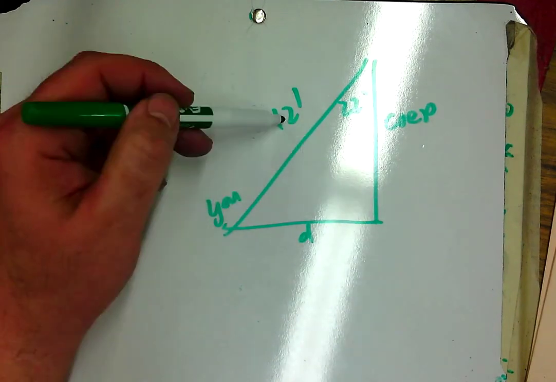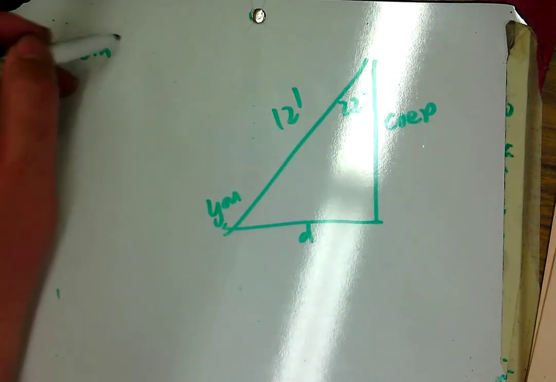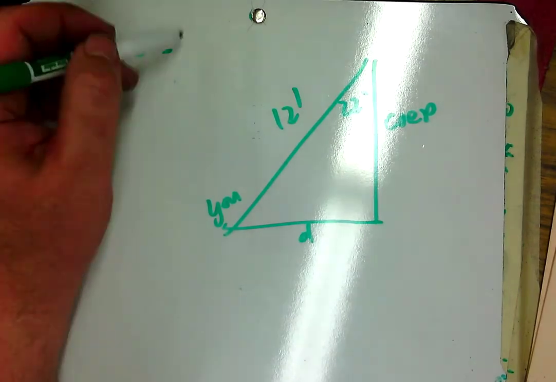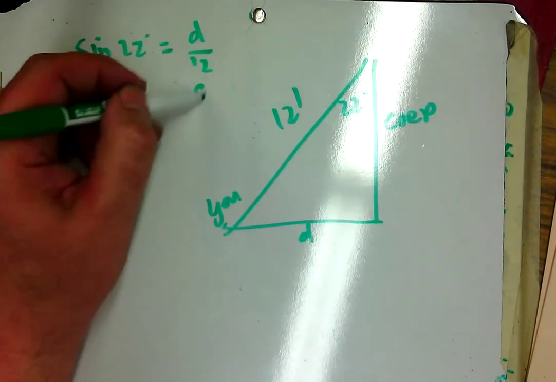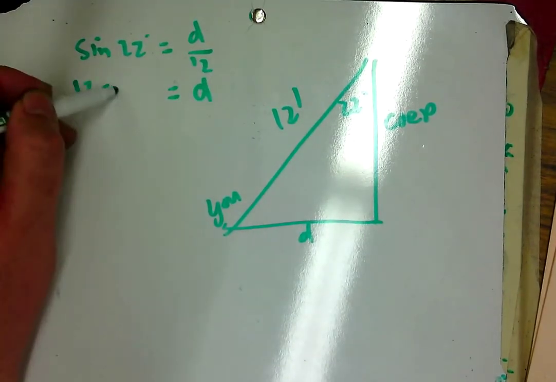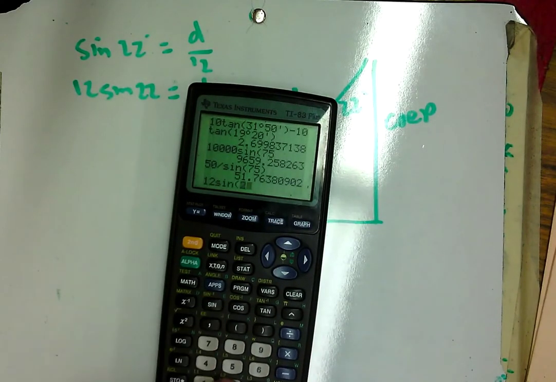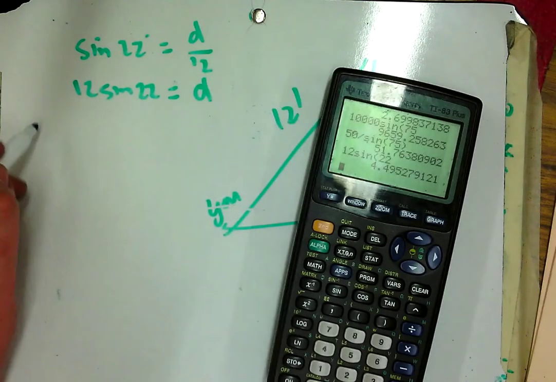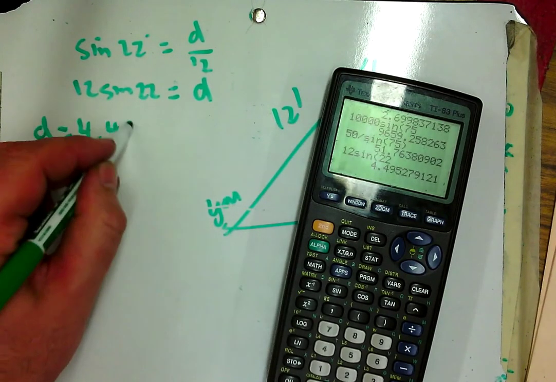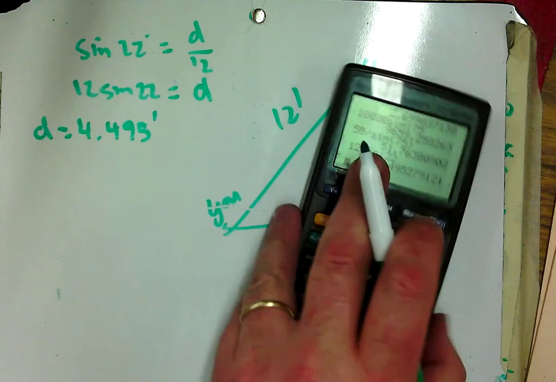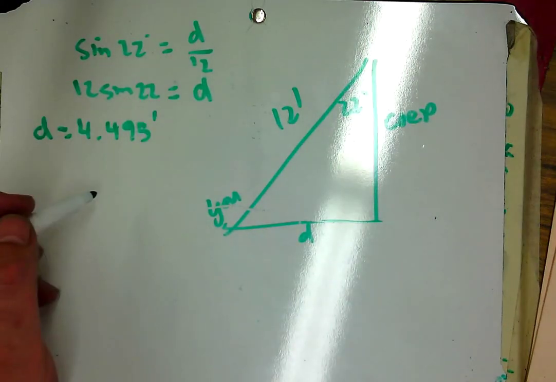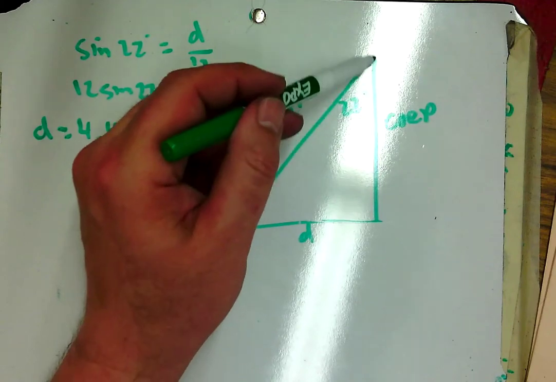So opposite and hypotenuse: sine of 22 equals d over 12. d equals 12 sine 22. 12 sine 22 is 4.495 feet away.